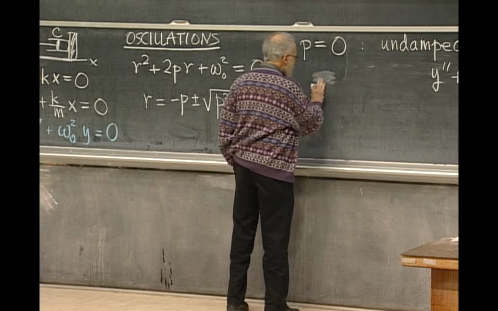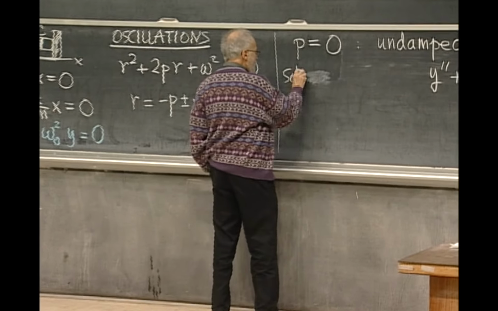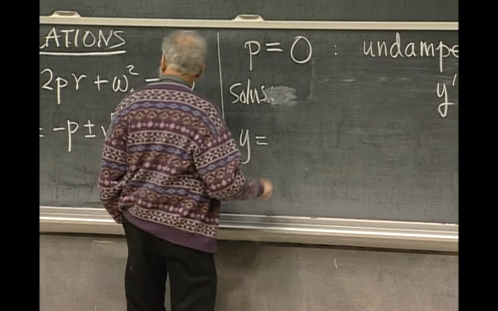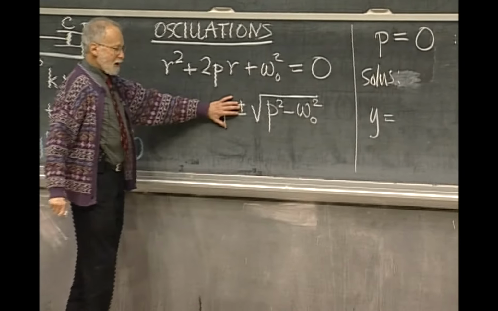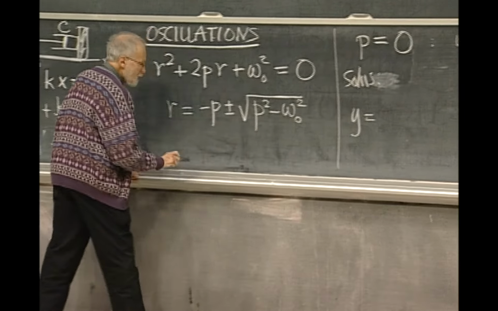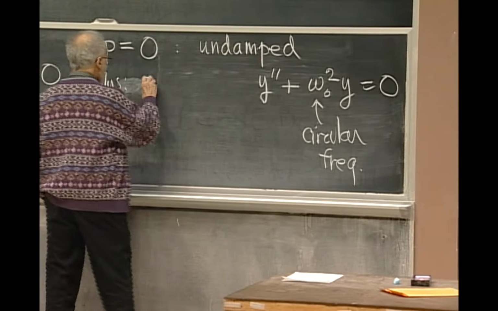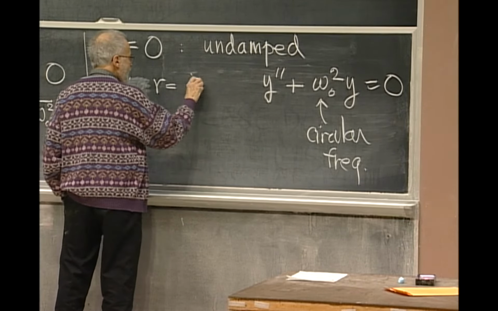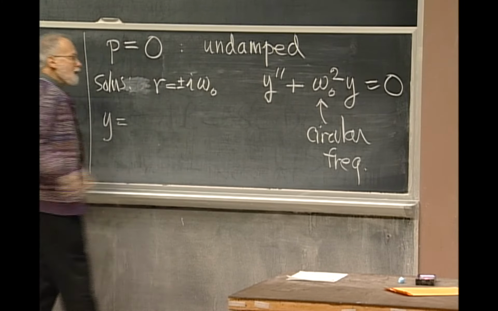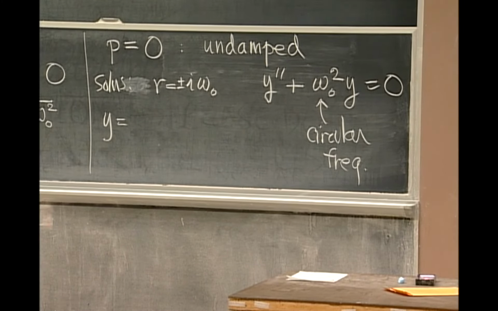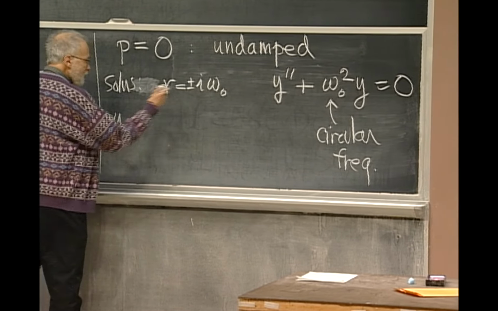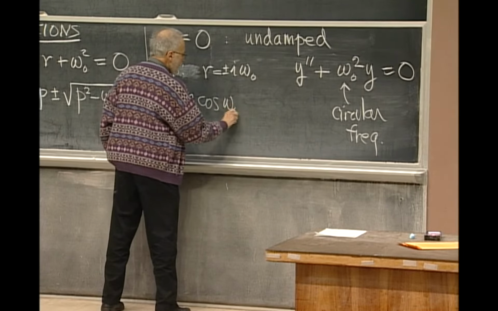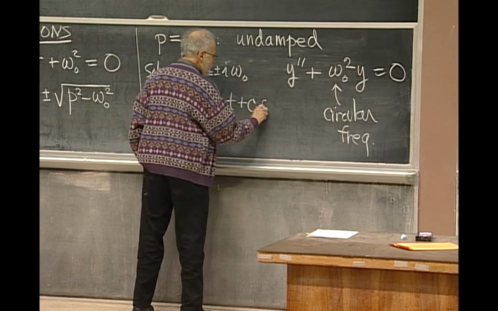Now, the general solutions: in this particular case the p part is 0, so r is equal to omega naught times i, plus or minus, but as before, we don't bother with a minus sign since one of those roots is good enough. And then the solutions are simply C1 cosine omega naught t plus C2 sine omega naught t.